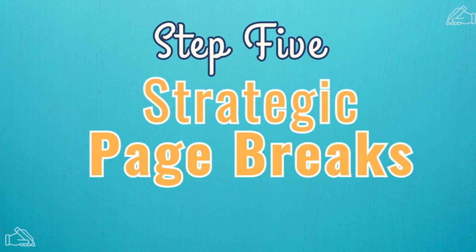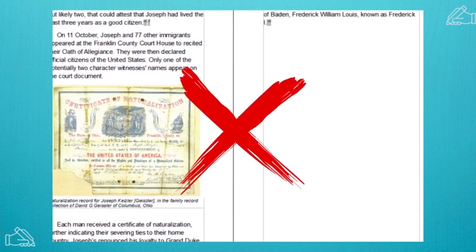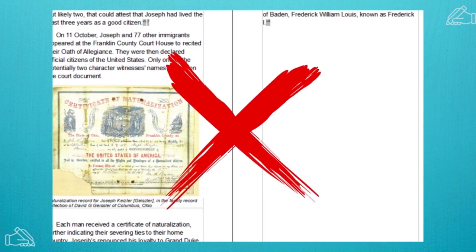I can't stress this next tip enough. Page breaks are a small but mighty skill in the design of your genealogy book. If you have charts, tables, or images, keeping them together on one page is crucial for clarity. For instance, if a family tree chart breaks across 2 pages, it forces the reader to flip back and forth, which can be frustrating and confusing.